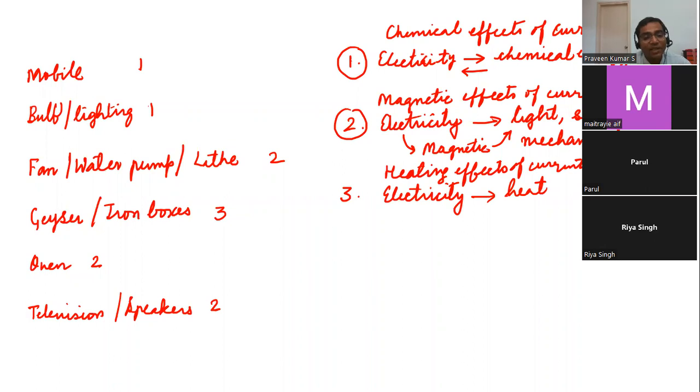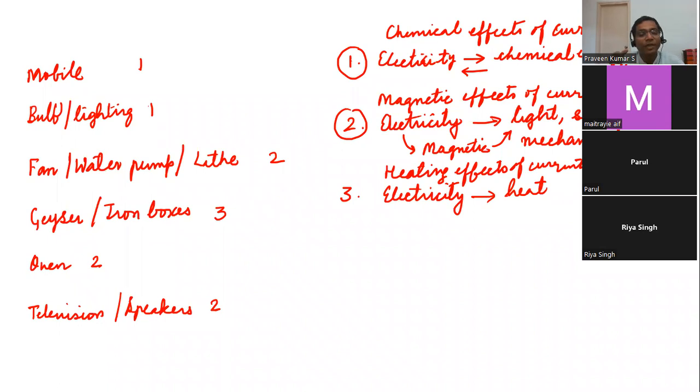The electric energy, which is drawn from the mains, from the supply, is continuously used to create a magnetic field, which is also called an oscillating magnetic field, which can create heat. That's the reason the microwave oven is still shown as a magnetic effect of current.